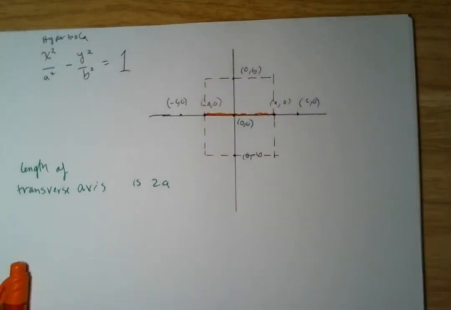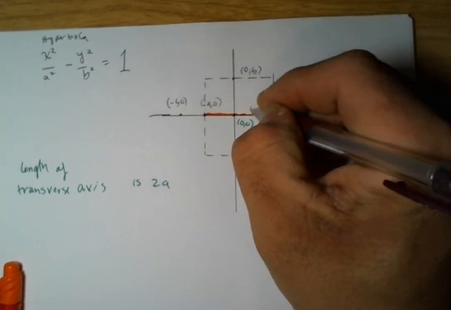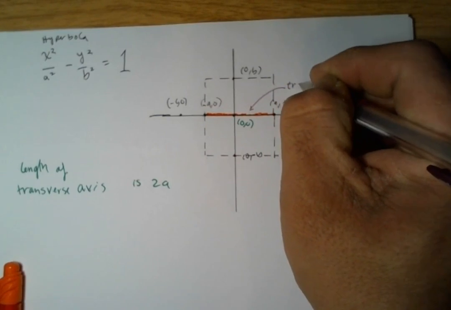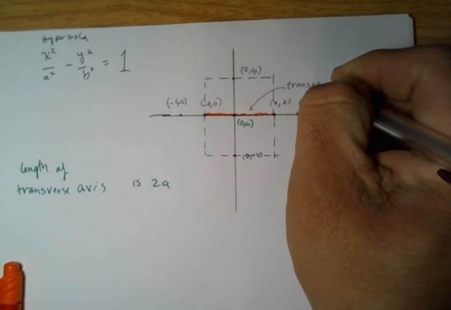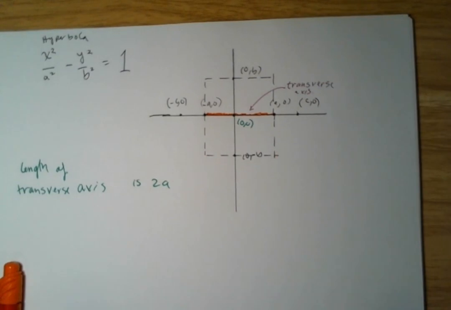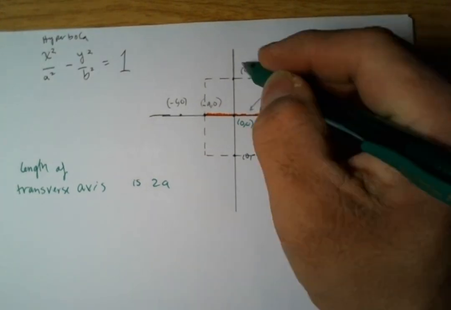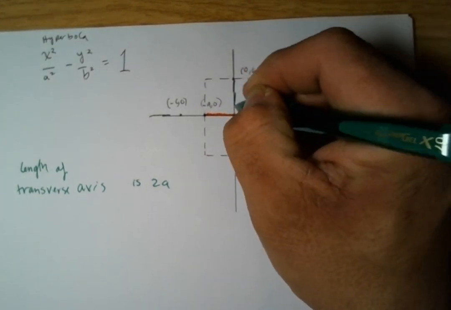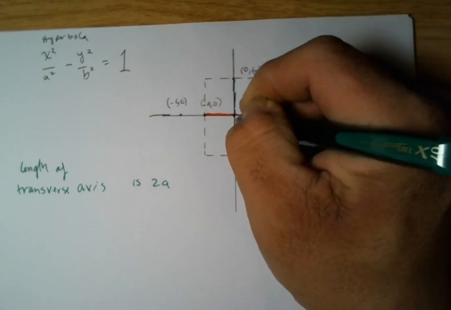So this is my transverse axis. And then along here is where we're going to have what we're going to call the conjugate axis.